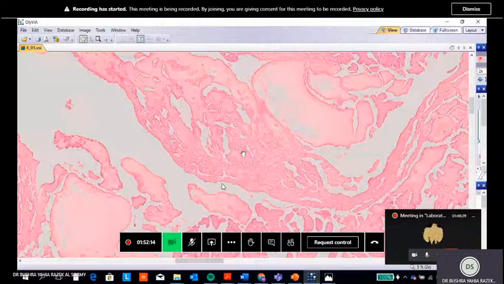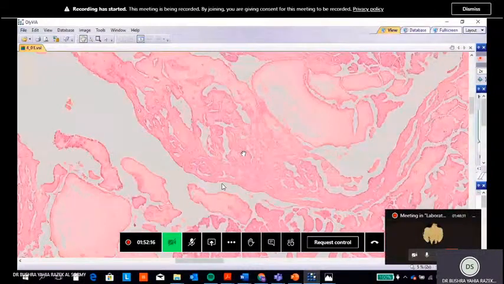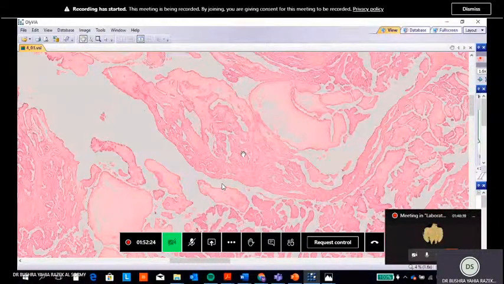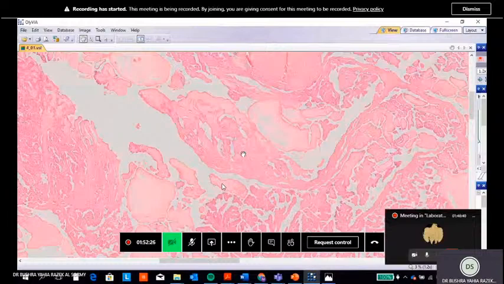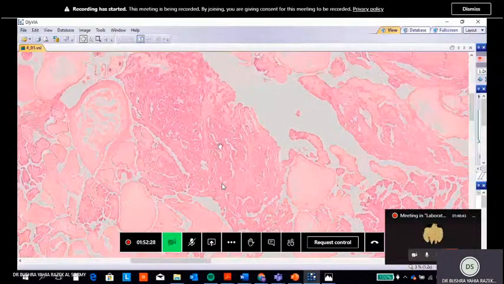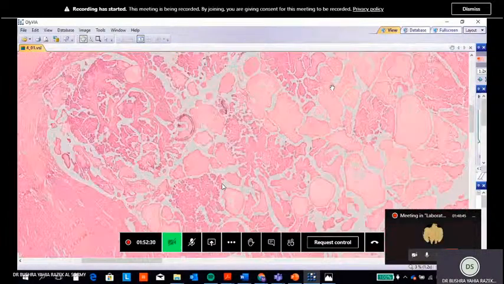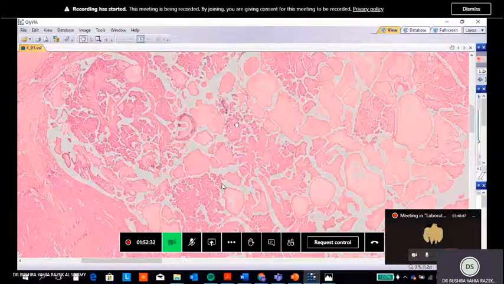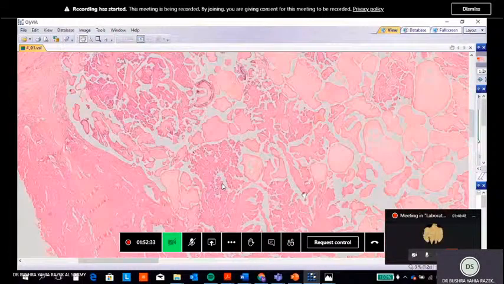Usually the patient has a solitary nodule or single nodule. In this case we have to do thyroidectomy. Okay, any question?